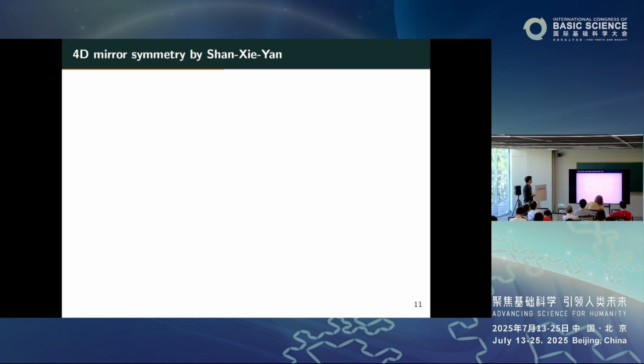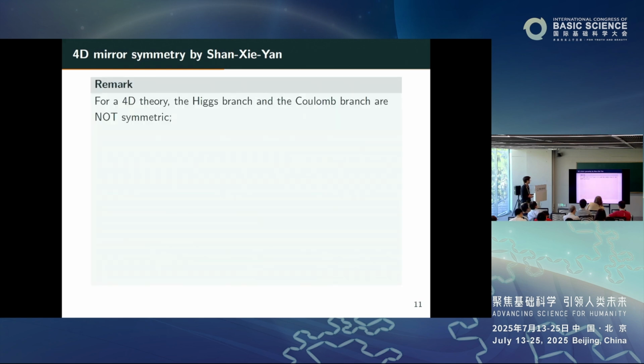So the vertex algebra can be regarded as a refinement of the Higgs branch. And I'd like to comment on 4D mirror symmetry proposed by Peng Shan, Dan Xie and Wenbin Yang, because I find it very exciting. I was talking a little bit about 3D mirror symmetry, and you can ask the same question for 4D theory. In the case of 3D theory, the Coulomb and Higgs branches are symmetric. They're both hyperkähler cones. But in the 4D setting, the Higgs branch and Coulomb branch are not symmetric.